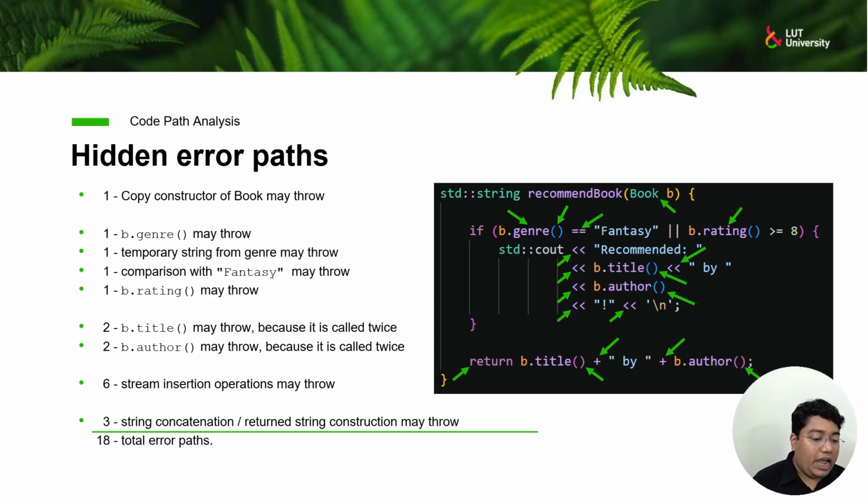And when we add everything together, we end up with at least 18 hidden error paths. Once again, don't focus too much on the exact number. If someone counted 19 instead of 18 because of a library implementation, that isn't the important part. There are far more execution paths than the source code suggests.